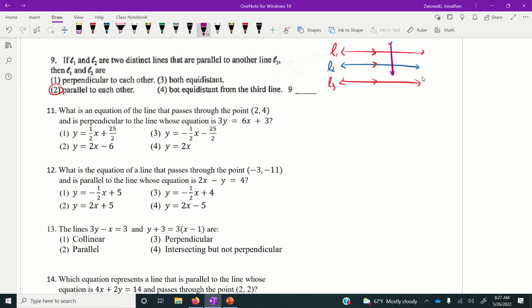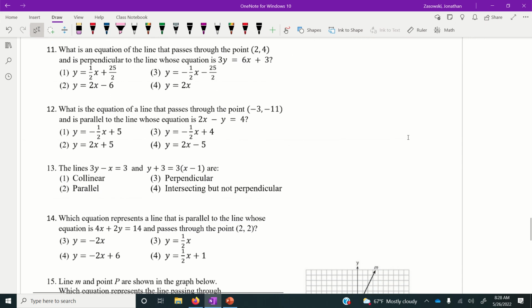So if these lines are parallel, what's the relationship between, let's say, L4 here and L2? If these are perpendicular and these are parallel, this would also have to be perpendicular. That is a question that they could possibly ask that might show up. So just keep that in mind as you're working along. Draw a picture and then see what you can notice from there.